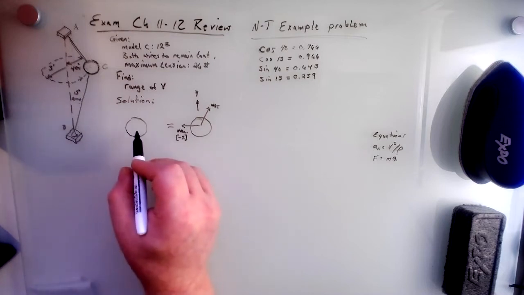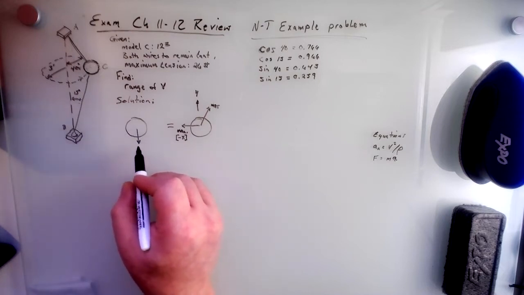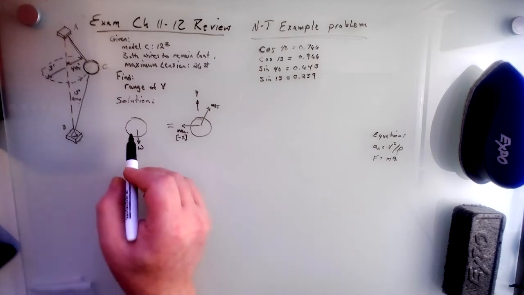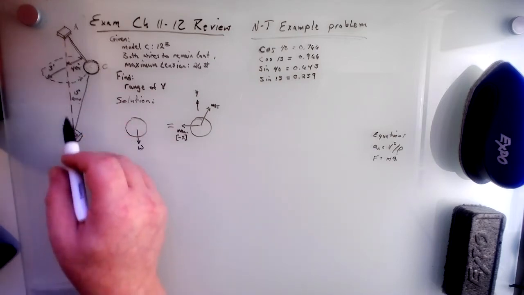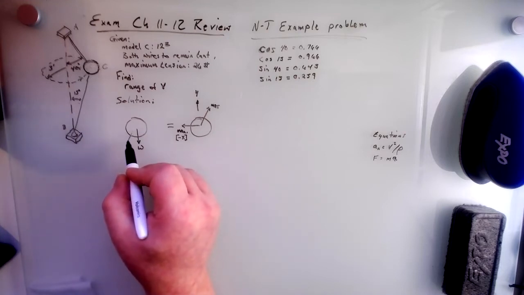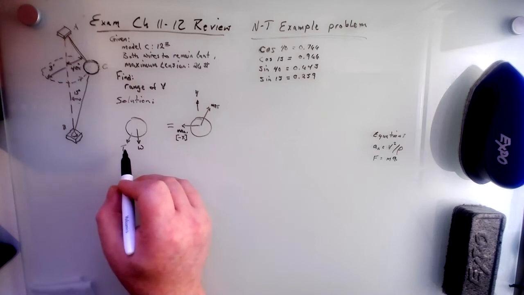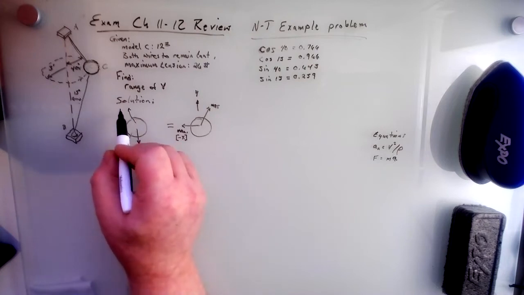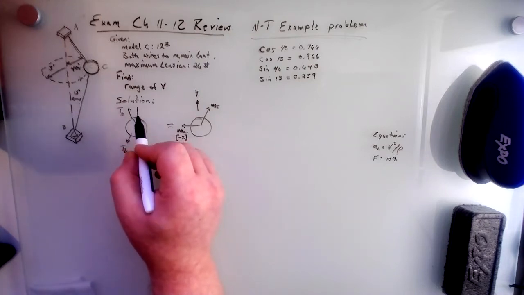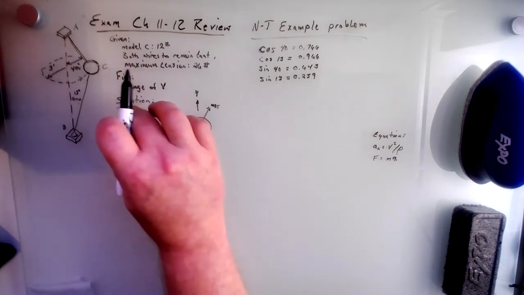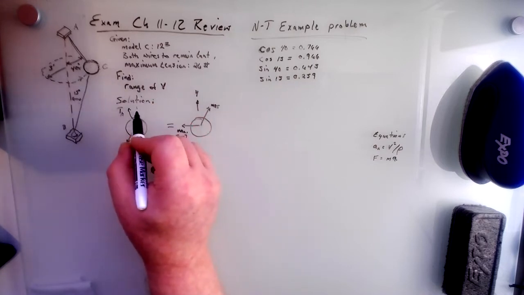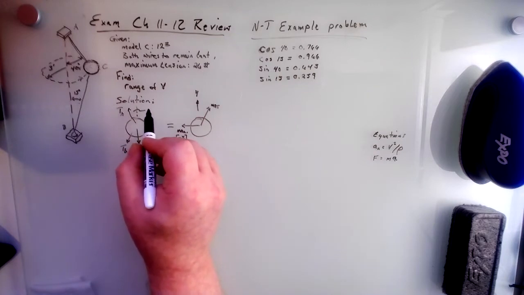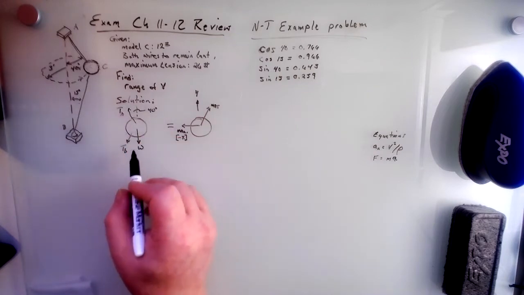We have the weight, and then we have the tension of AC, and let's just call it tension B, and tension A. If we put in the vertical here, and make that a dotted line for visibility, then this is 40 degrees, and this is 15 degrees.